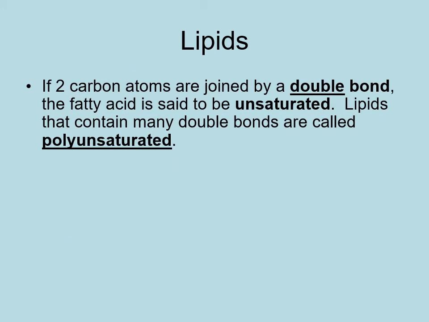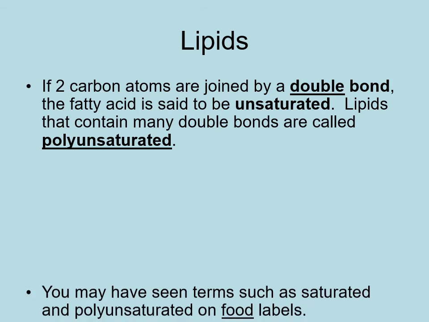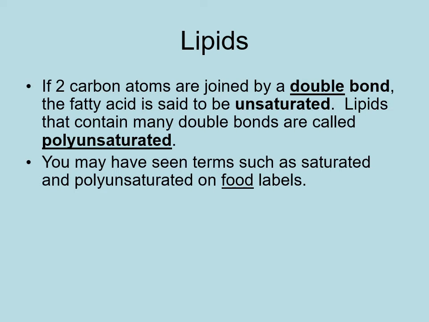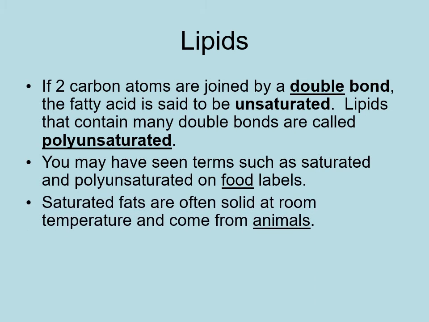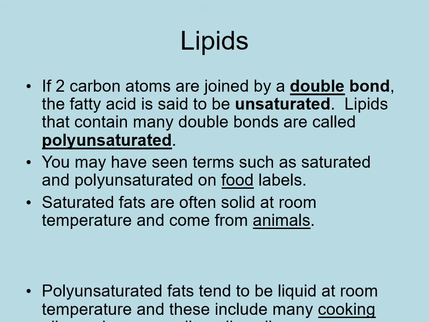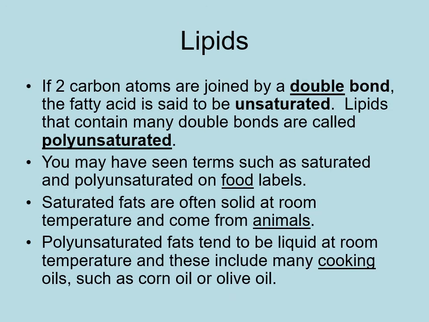So once again, if our 2 carbon atoms are held together by a double bond, that is called unsaturated because there are fewer hydrogens that can attach to it. And if it contains more double bonds, then it's polyunsaturated. You can see these on food labels, and saturated is often solid at room temperature, comes from animals, and unsaturated is in your oils, so corn oil, olive oil, vegetable oil.